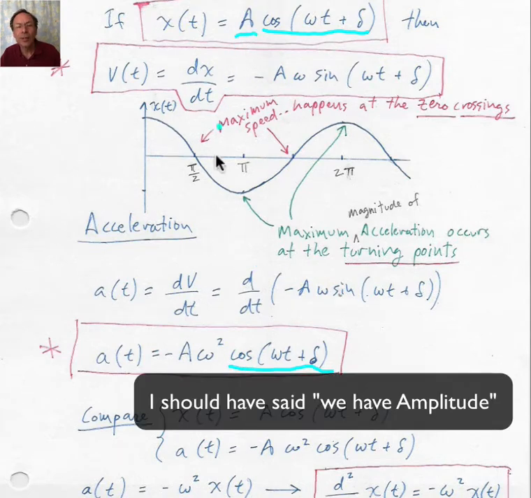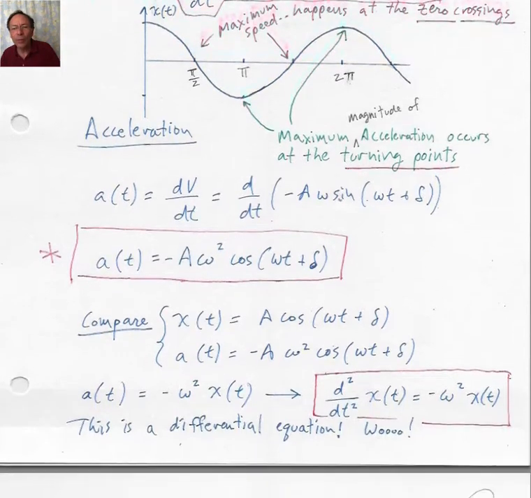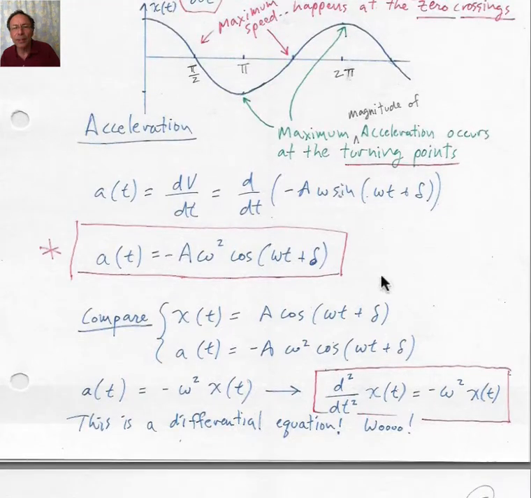We have acceleration. We have acceleration. The only difference is that there's a minus sign here and an omega squared. So we can do something very interesting. You see, the acceleration is minus omega squared times the position.